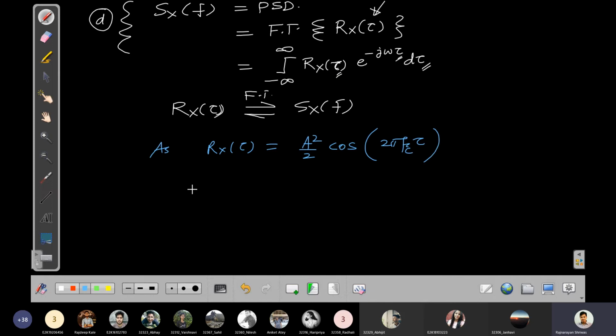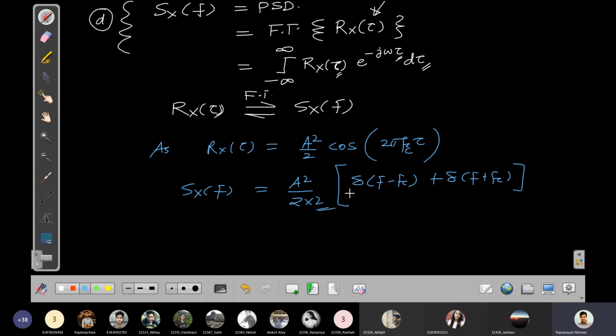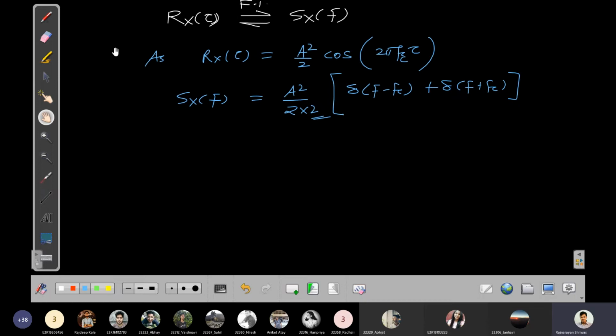So for the Fourier transform of this, I will not repeat it now, because in 10 lectures of this course I have only taught Fourier transform. So this will be A squared by 2 into 1/2 because cos 2 pi fc tau will give delta f minus fc plus delta f plus fc, divided by 2. So you get two impulses at f equal to fc and f equal to minus fc. Let's plot this PSD.